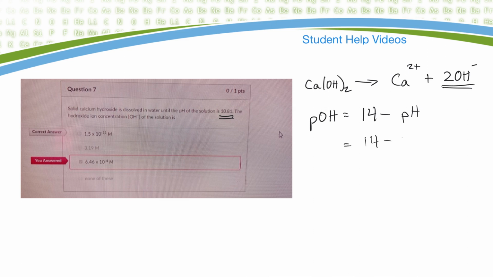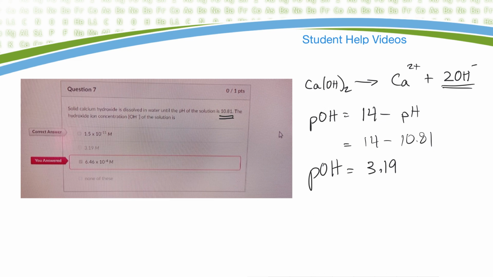So 14 minus 10.81 is going to be 3.19. I should stop trying to do things in my head. So the pOH of the solution is 3.19.